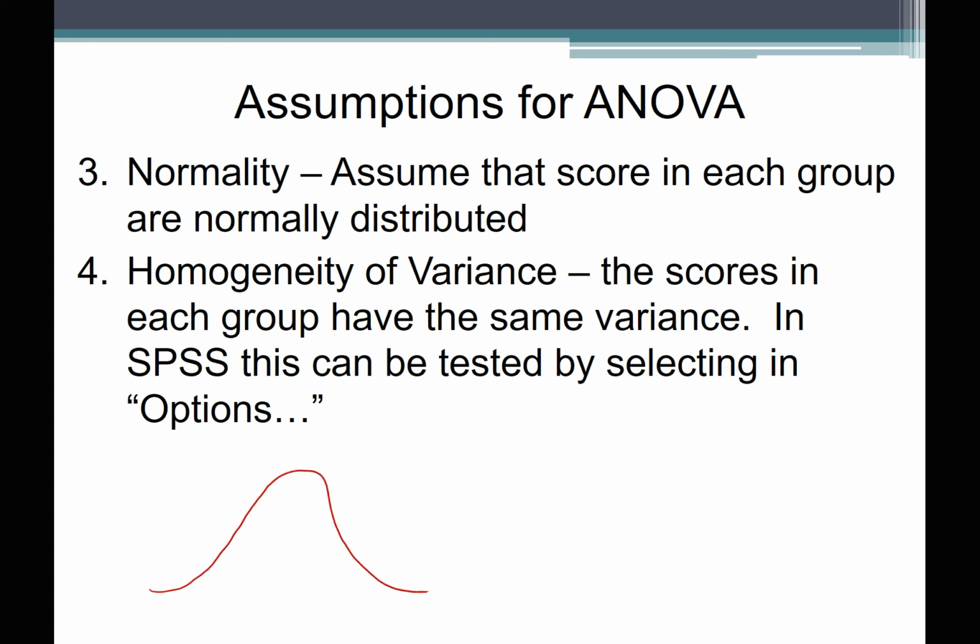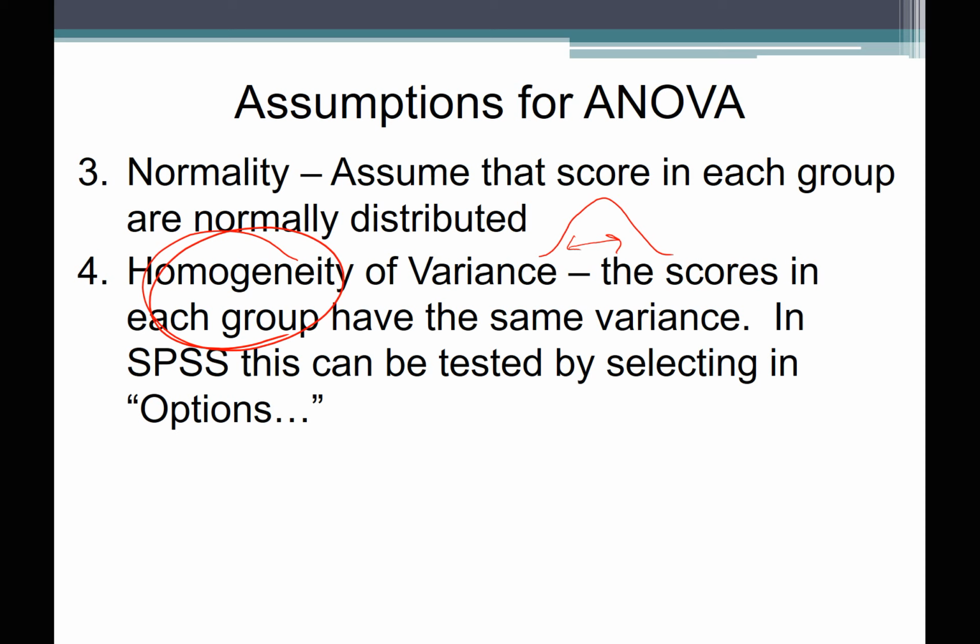So we wouldn't want one to be like this, and then another group to be really spread out in comparison, right? So when we're talking homogeneity of variance, the homogeneity part means the same, and variance is referring to the spread that we see, right? How much do the scores vary?